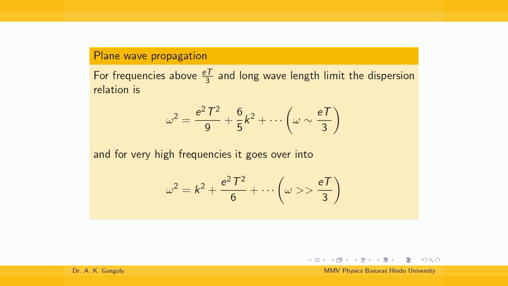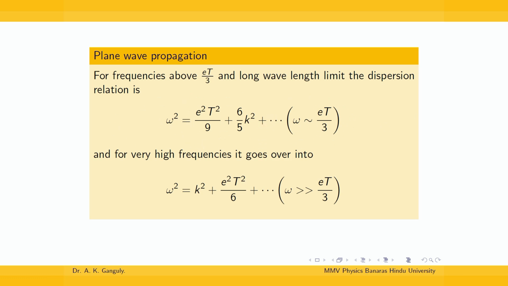And the frequency of oscillation, or the propagation relation, the dispersion relation that follows from here, is given on the line above for a long wavelength limit, that is, omega square and k square relation.